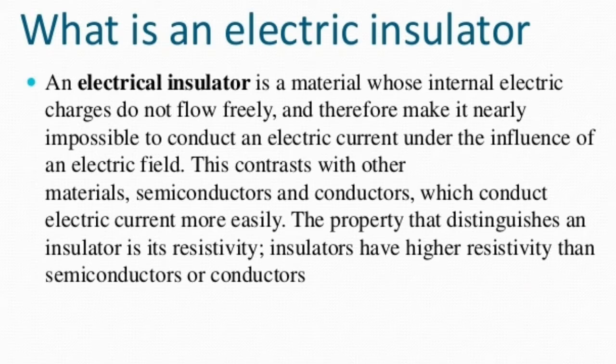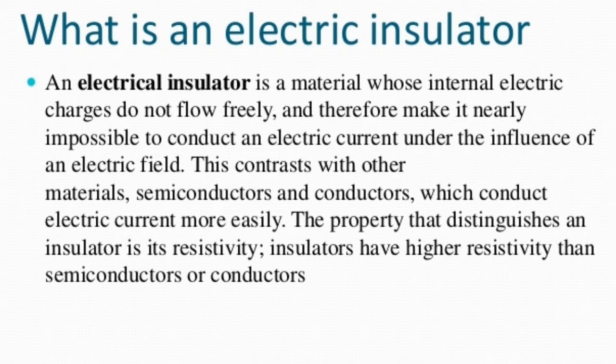Now coming to the explanation, how does a body get charged? Either by giving an electron or by accepting an electron, a body is positively or negatively charged. So we can say that an insulator is a material which doesn't allow electrons to flow from one body to another body. Why?